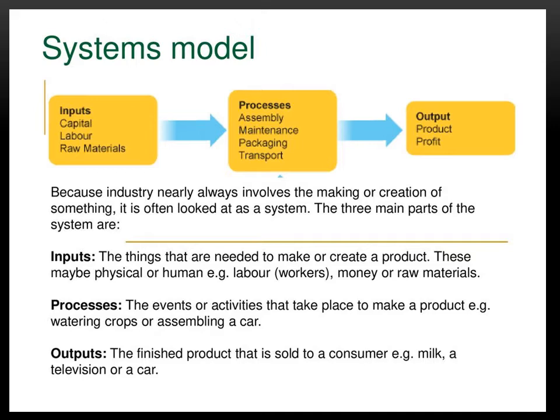These may be physical or human, for example, labor, workers, money, or raw materials. The processes are the events or activities that take place to make a product, for example, watering crops or assembling a car. And the outputs are the finished or the ready product that is sold to a consumer, for example, milk, a television, or a car.